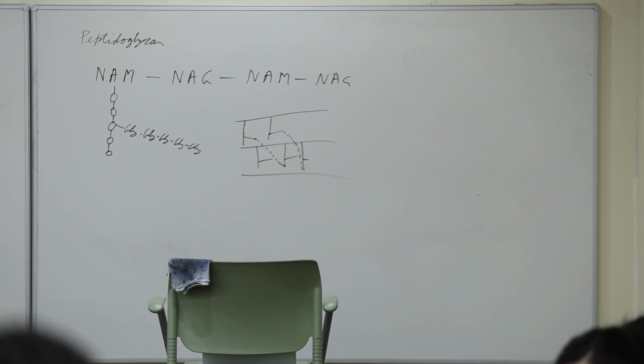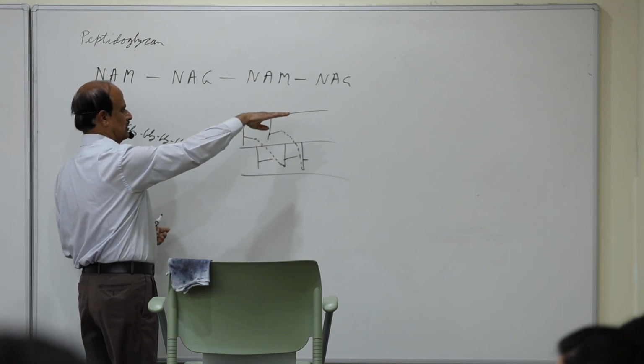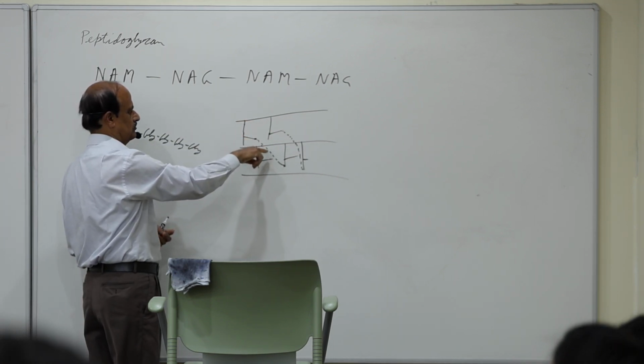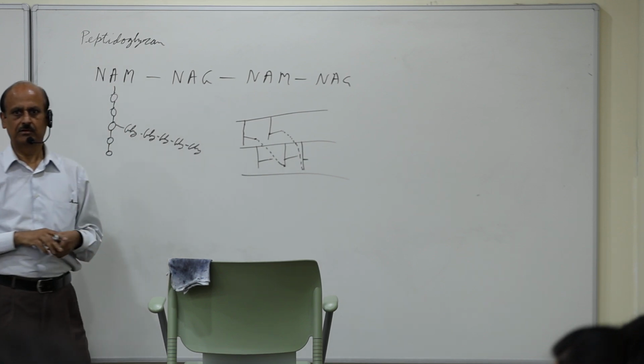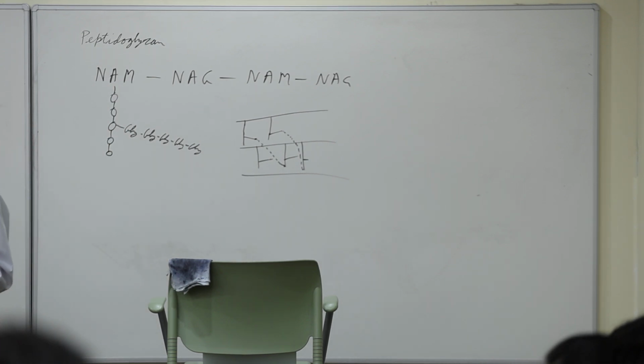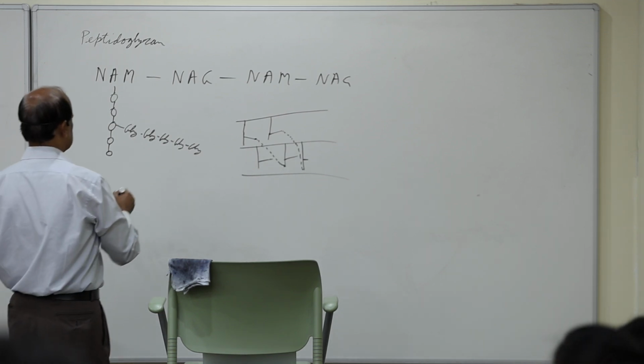And that cross-links them. Although the dotted line looks a long one, these are next to each other, like this is one chain, this is that one chain here, so this happens to be close to this one. And it forms a peptide bond there between the glycine and the last one, which is D-alanine.